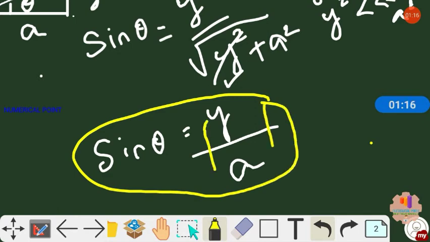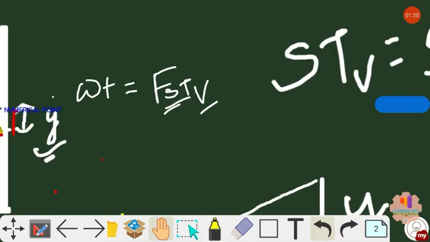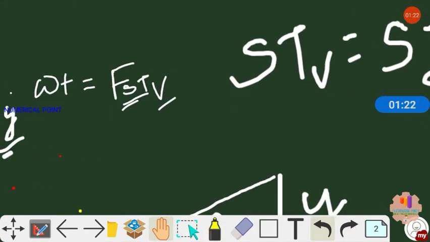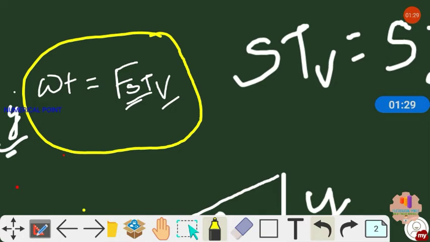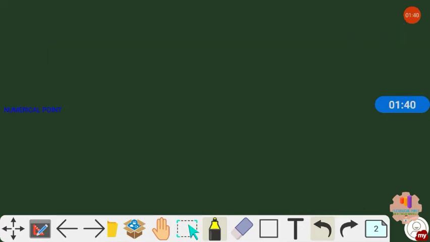Now we can write our first result, that the weight is equal to the vertical component of the surface tension force. Now write the value of surface tension force and weight, and equate all the terms. Weight will be W, the weight per unit length, into L, the length.